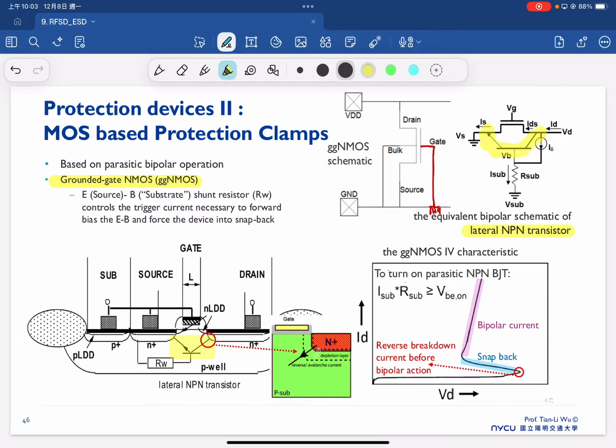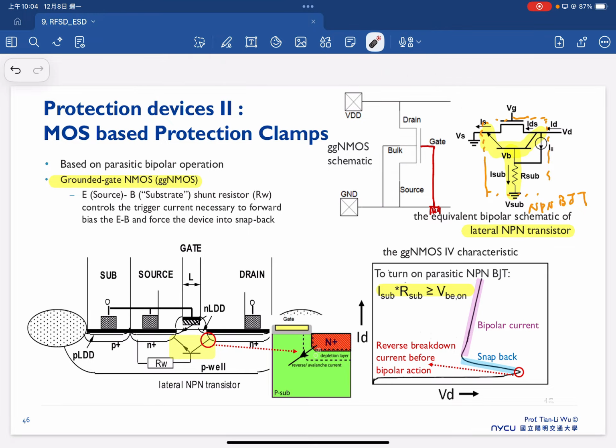Therefore, we hope that when ESD events happen, this parasitic BJT can be turned on faster than the electrode in our main device. So how do we make sure that this parasitic NPN BJT can be turned on? Our substrate current times R substrate should be larger than the turn-on voltage of this BJT.